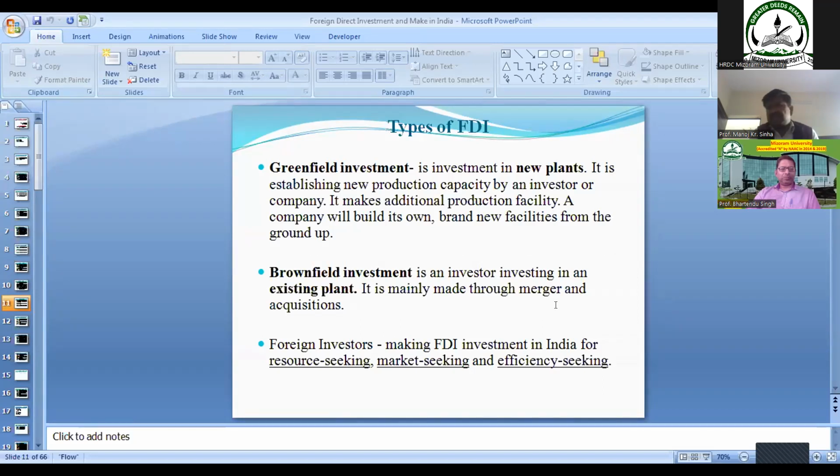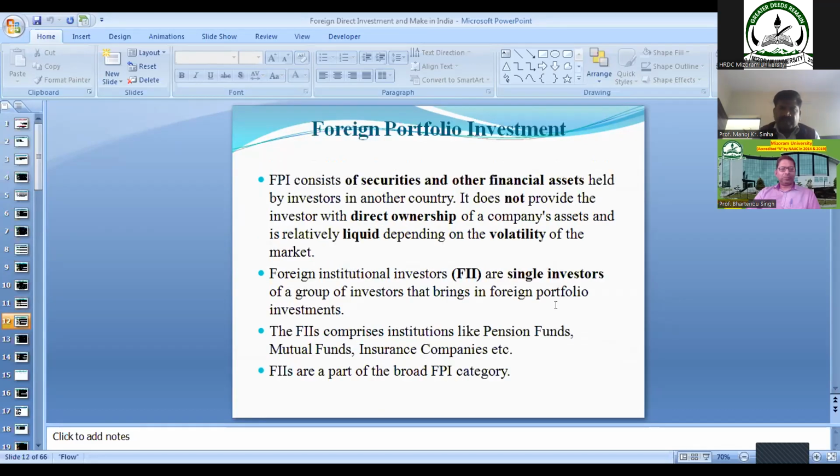India is a very vast and large country, so the market is here, and every investor wants to enter and make investment in India for the purpose of market seeking. Another one is efficiency seeking, because the cost of labor is low in India. Then foreign capital may be combined with other factors of production in the host country, and this will be a kind of efficiency seeking FDI.